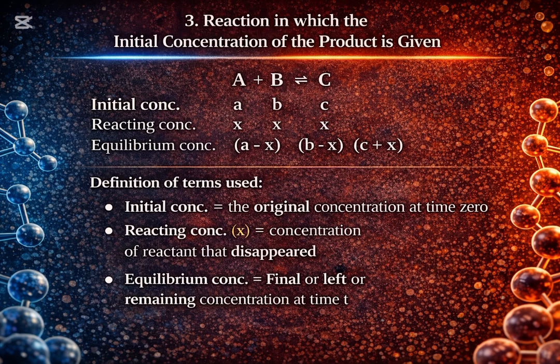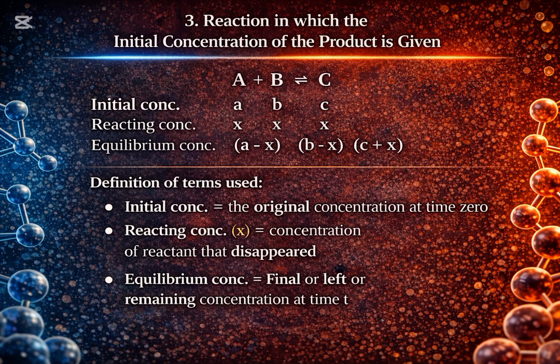Number 3, reaction in which the initial concentration of the product is given. There could be a particular reaction where, at the beginning, you already know the concentration of the product. Probably you have some product already on ground, so you just want to produce more and add to it. So any amount you are producing will just be added to the one on ground.